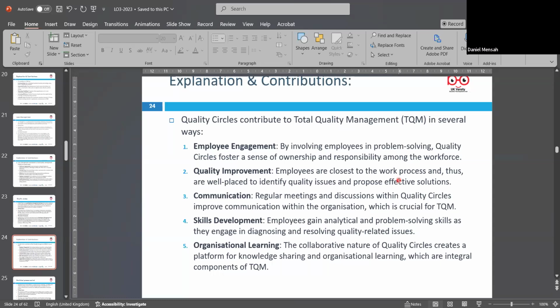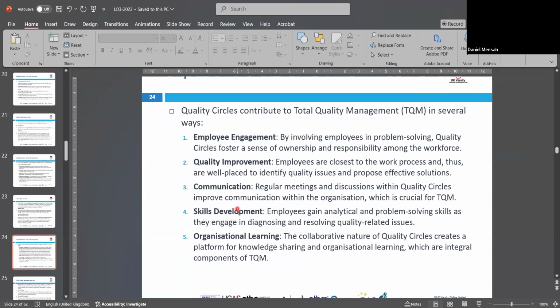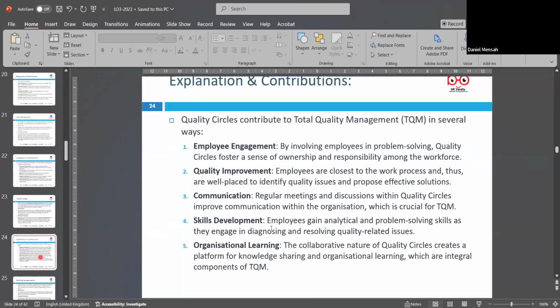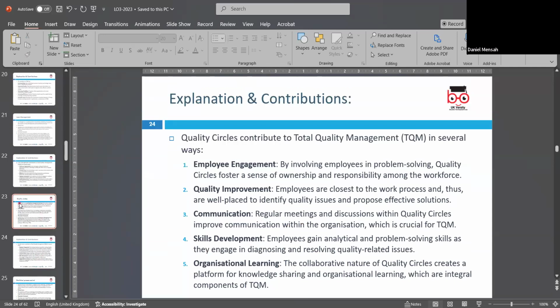They work very closely with the work processes, so they are in a better position to spot problems in those processes, and they can give better suggestions on how these processes can be improved. There are some other benefits it brings to the organization when we utilize the quality circle technique, and it demonstrates how it works toward total quality management. Okay. So you can read these points in your free time.